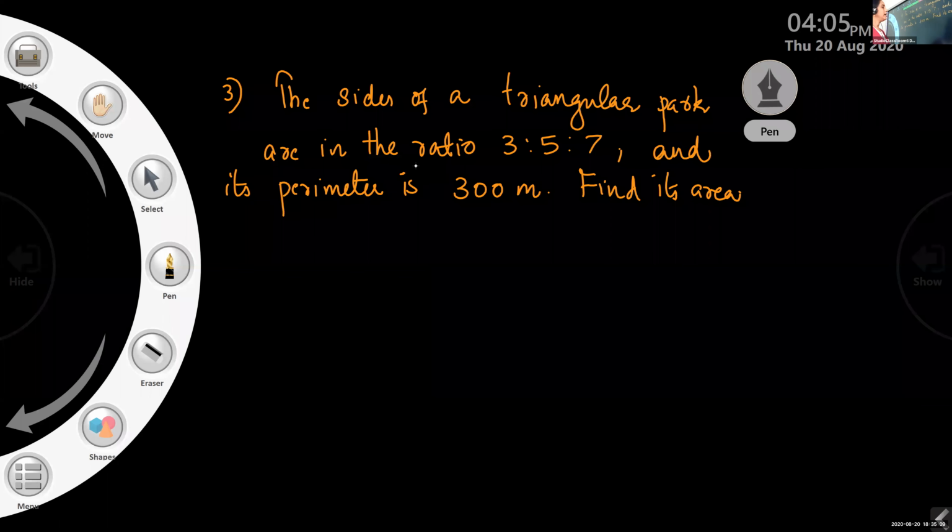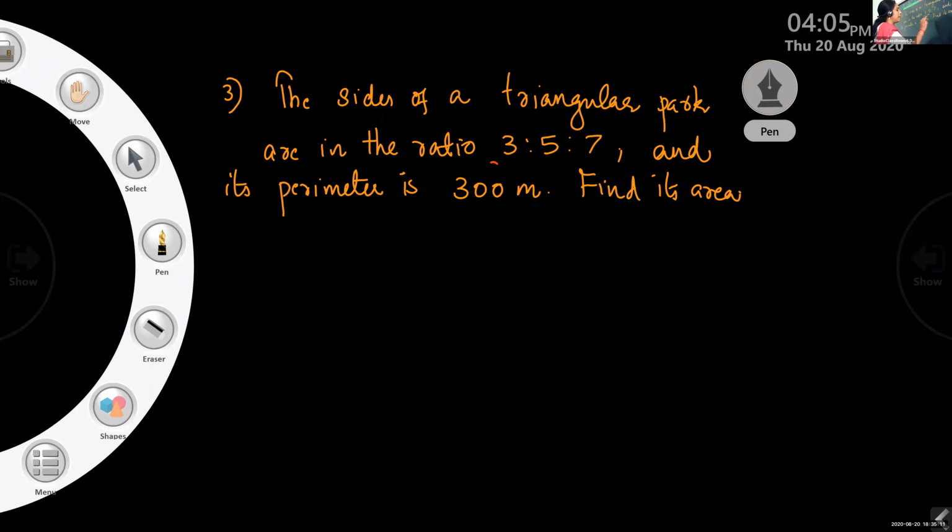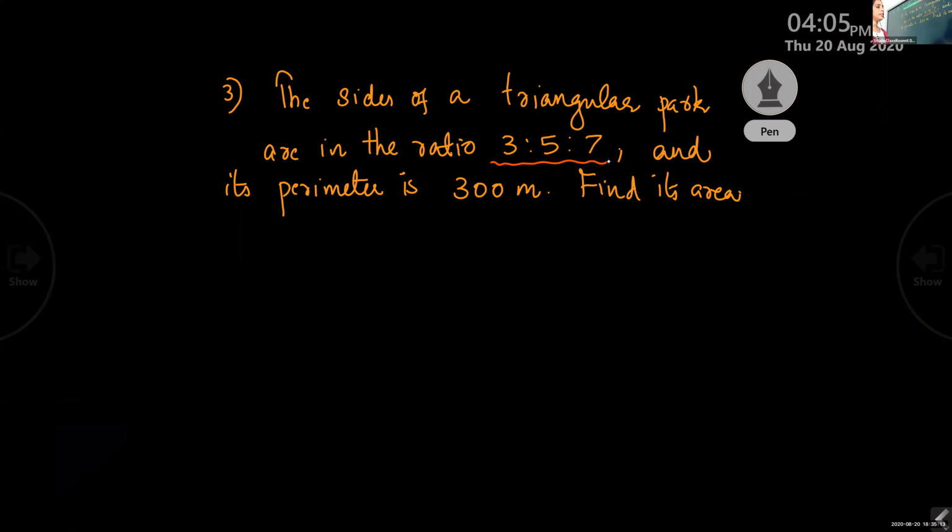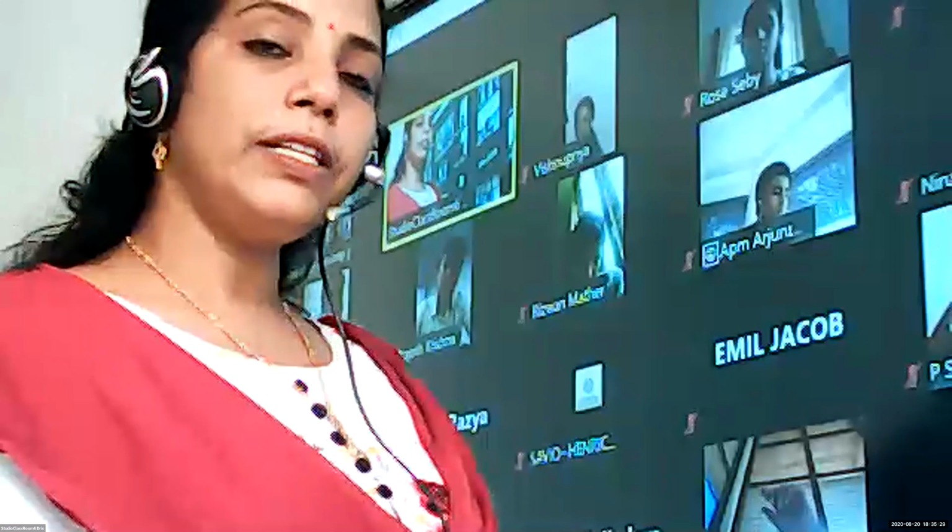Okay, children. Here the sides are not given, but see this, its ratio is given and the perimeter is given. When the ratio is given, how to find the sides, you know? Ma'am, can you show the question one more time? Okay, the ratio is given there and you have to find the sides.